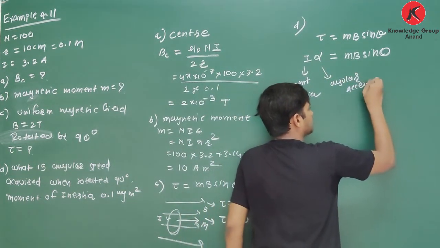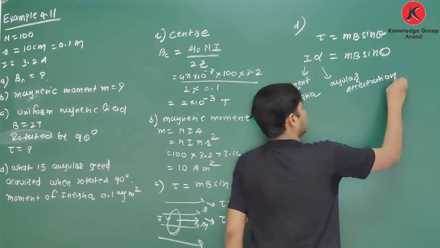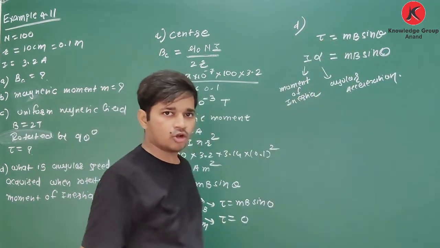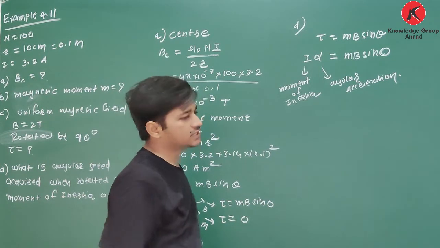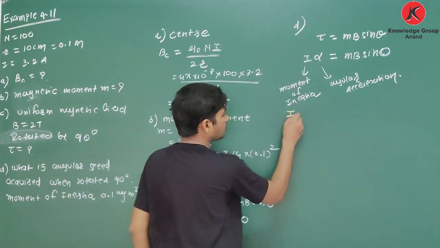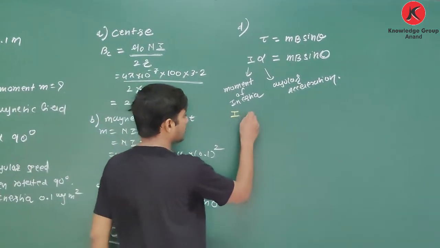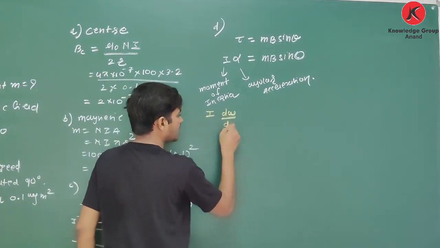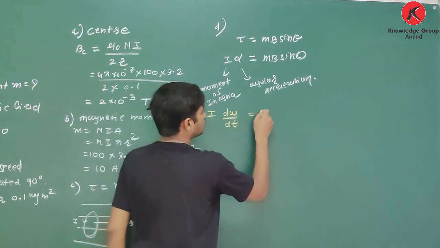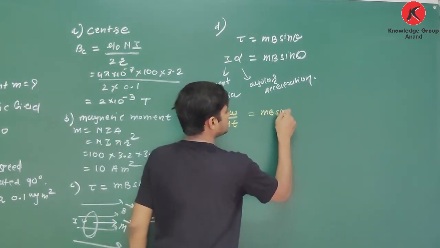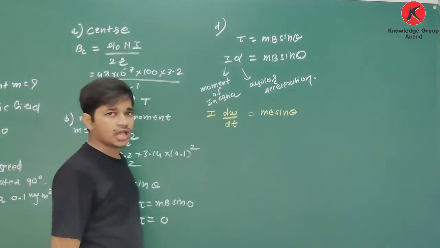Alpha is angular acceleration. Clear about this? Okay, so now how to write this? Writing alpha as d omega upon dt, I get I d omega upon dt is equal to MB sin theta.